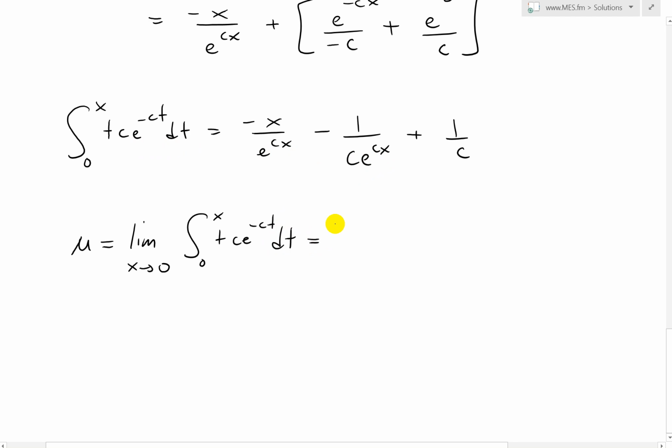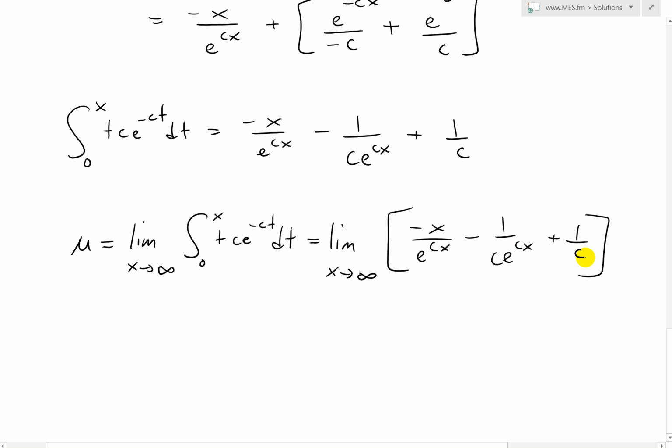X goes to infinity, not 0. So this equals the limit as x approaches infinity, and now we have three parts: negative x over e to the cx, then minus 1 over c e to the cx, and then plus 1 over c.